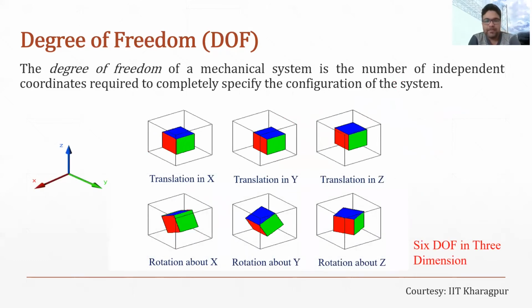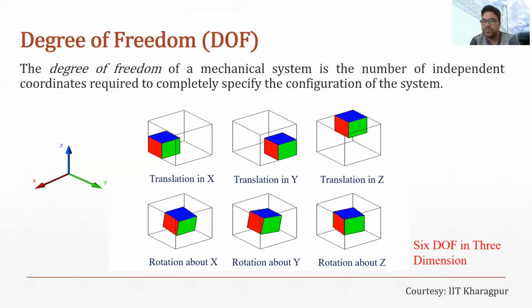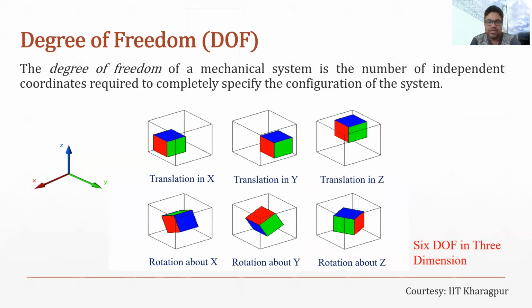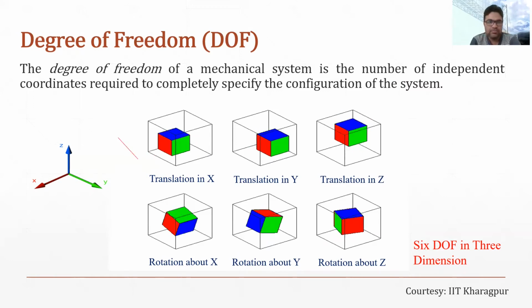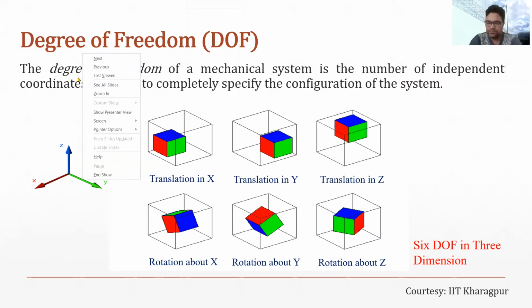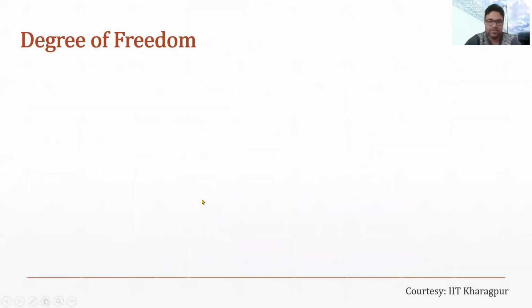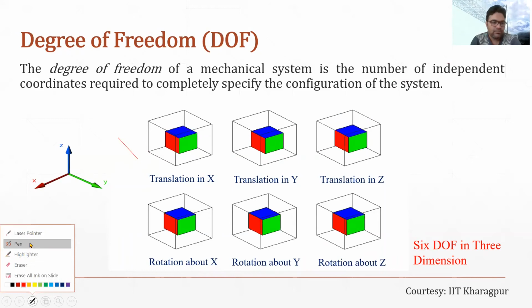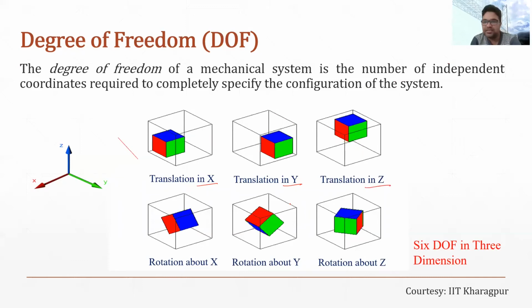So you can see here in this diagram, as I said, there are 6 possible degrees of freedom in any joint, in any node in the structure. Translation along the x-axis, translation along the y-axis, and translation along the z-axis.